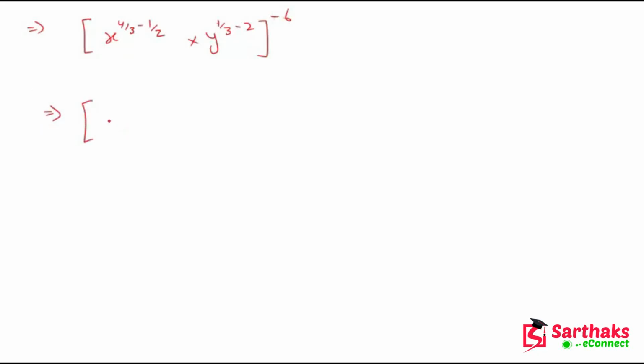So here we can write it as x raised to power, now we can take 6 as the LCM. Now if we divide 6 by 3 we get 2, and 2 into 4 is 8, minus, now if we divide 6 by 2 we get 3, and 3 into 1 is 3, into y raised to power, here we can take 3 as LCM, so we get 1 minus 6, and it has whole raised to power minus 6.